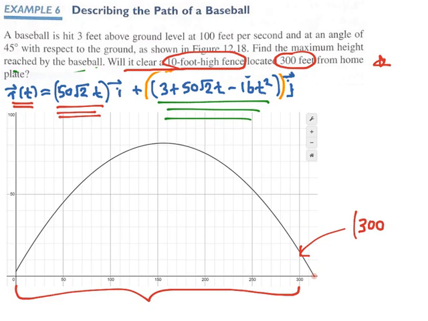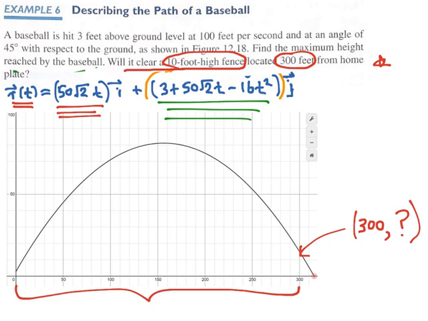So the horizontal distance from the home plate would be 300 feet, but the question is, what will be the height of the ball above the field at that time? And specifically, will it be more than 10 feet so that it will clear the fence?